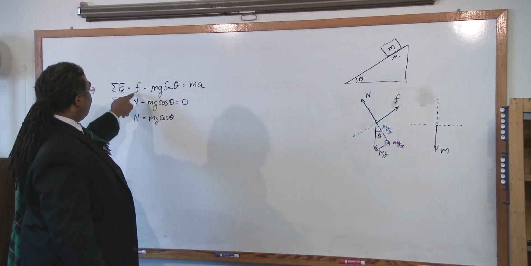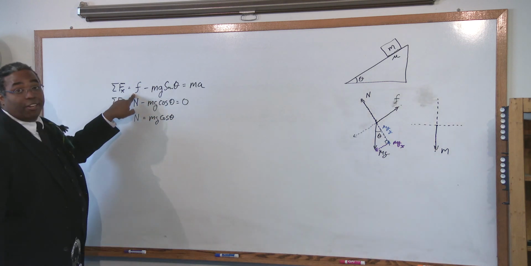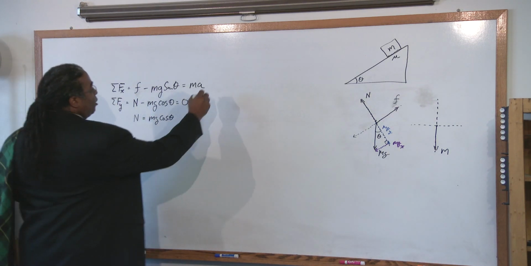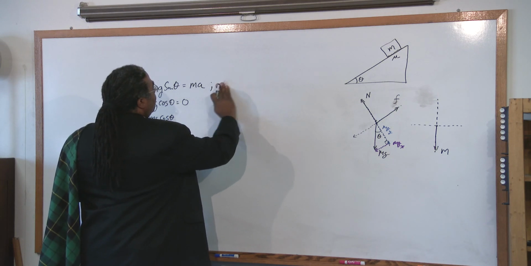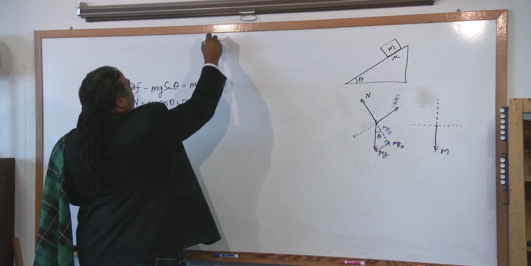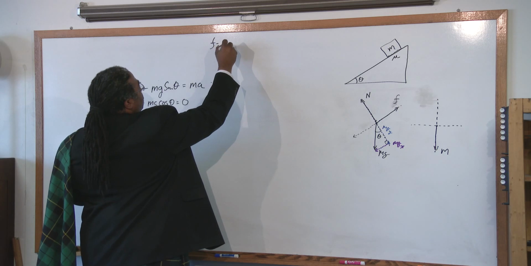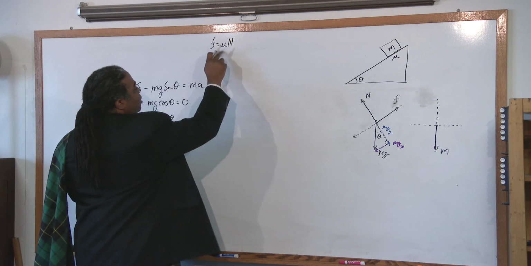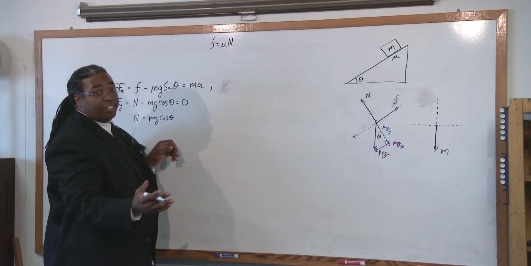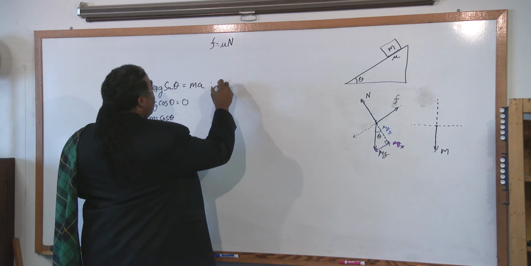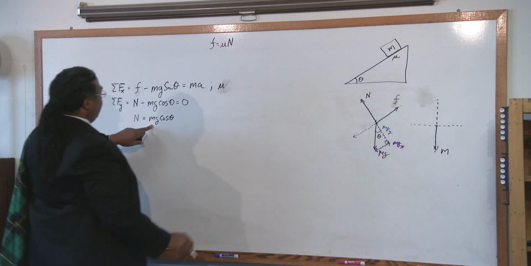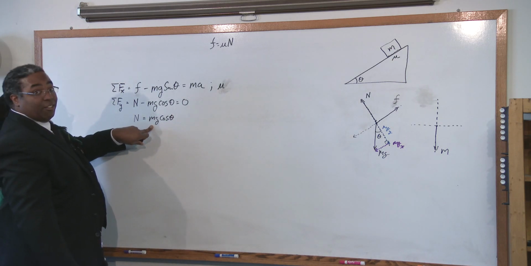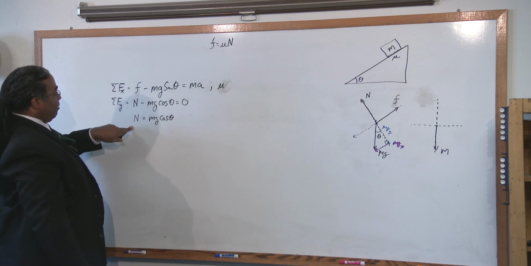So we now can substitute that in for our frictional force. I'll just put a colon here and say that I'm substituting for the force of friction, and remember, friction is equal to mu times the normal force, where mu is the coefficient of friction. So we say mu times the normal force, which we're saying is mg cosine theta right here.